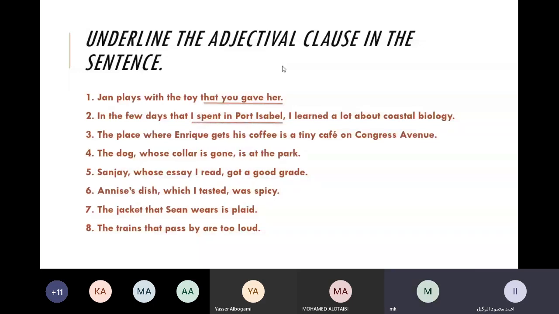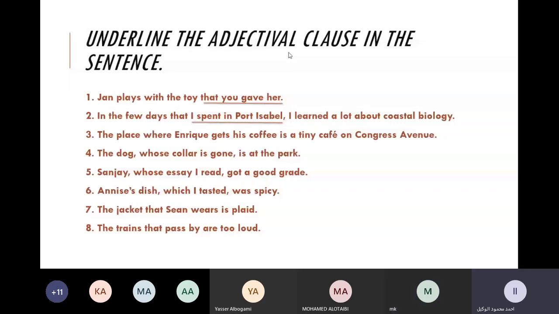So again, guys, all the adjectival clauses will start with one of these. Number 1, that. Number 2, who. Number 3, which. Number 4, where. Number 5, when. And sometimes you use what, but you will not have this here. And also whose. Teacher, why don't you underline that? It's a mistake.